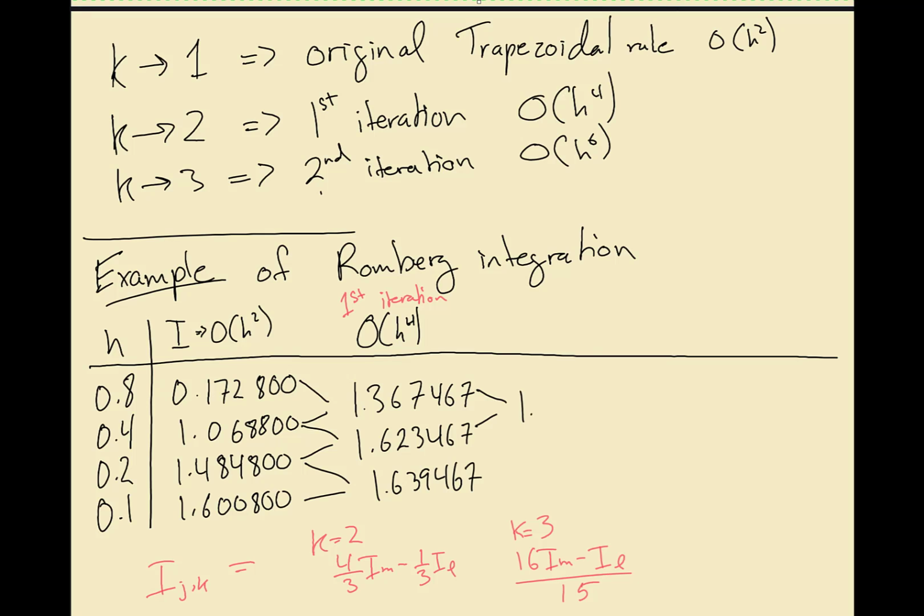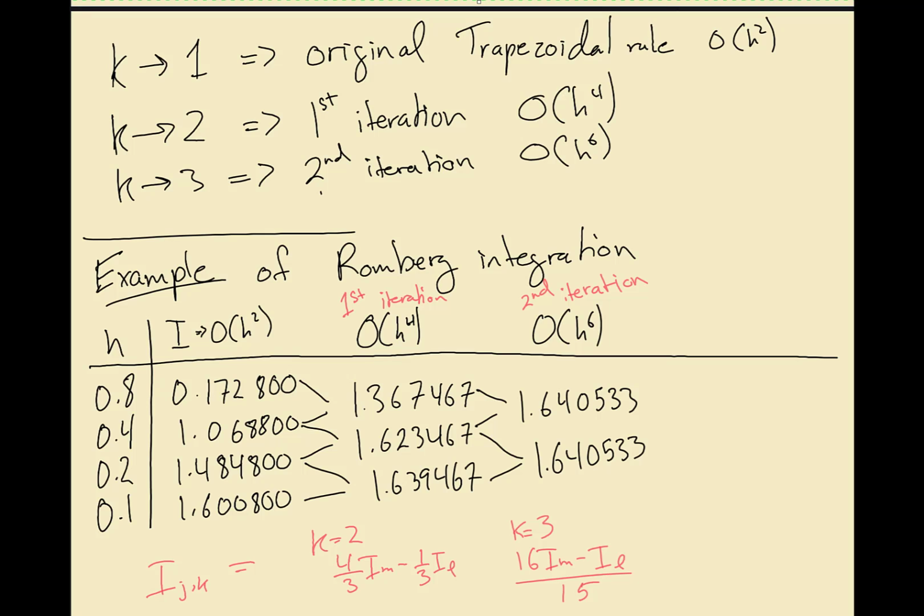You get 1.640533. And this is actually the exact value. So here we're doing order of error to the 6, and this is the second iteration. If I apply the next two values, what do you think I get? The same, because it's already exact.